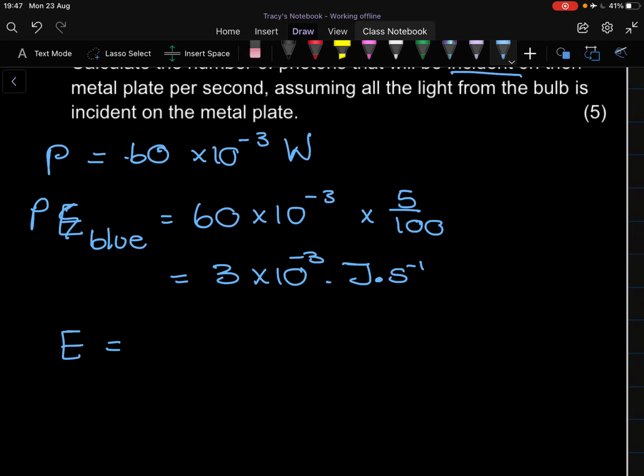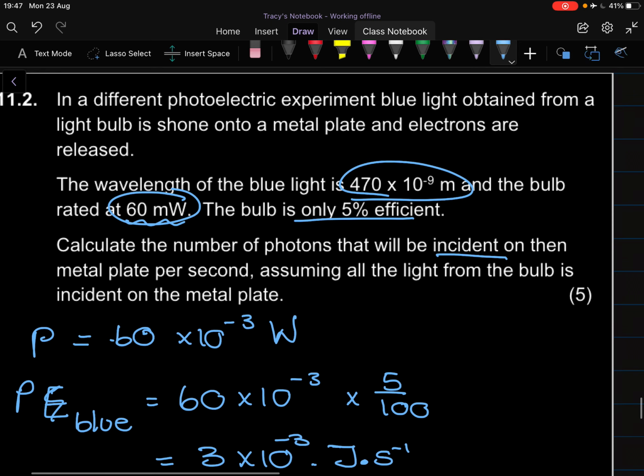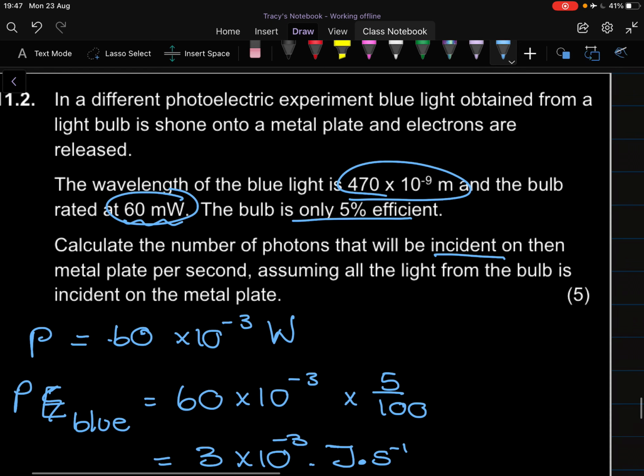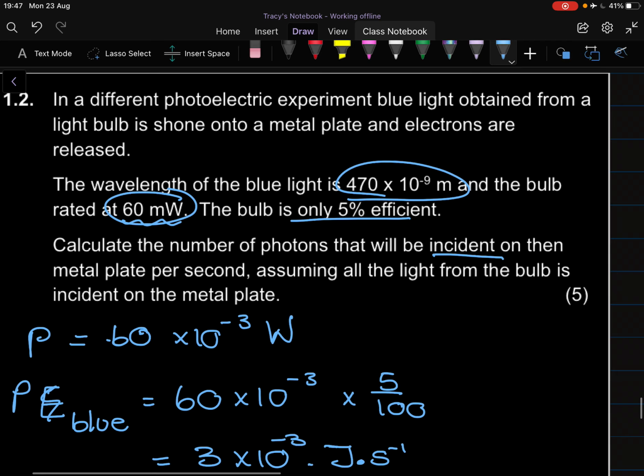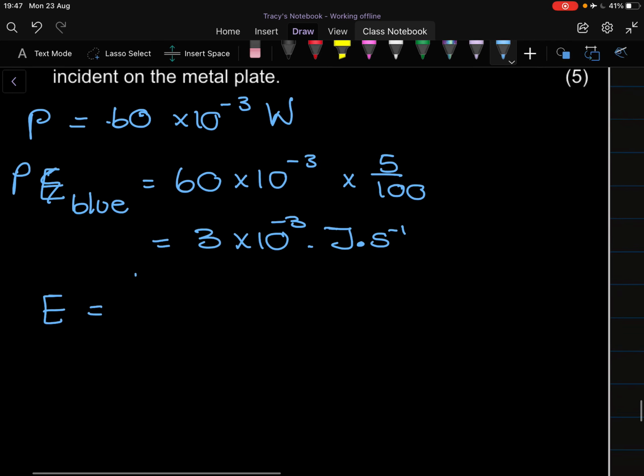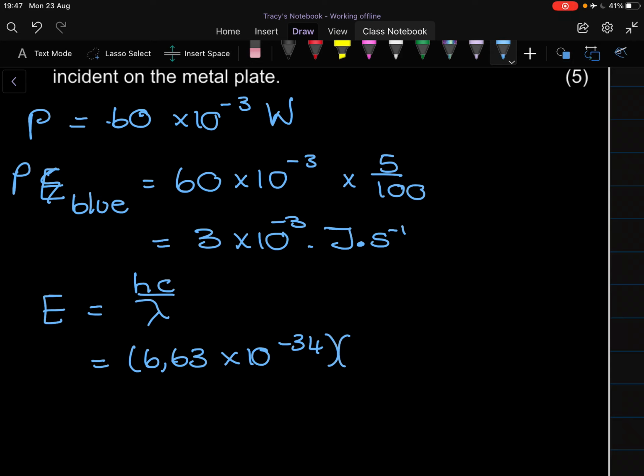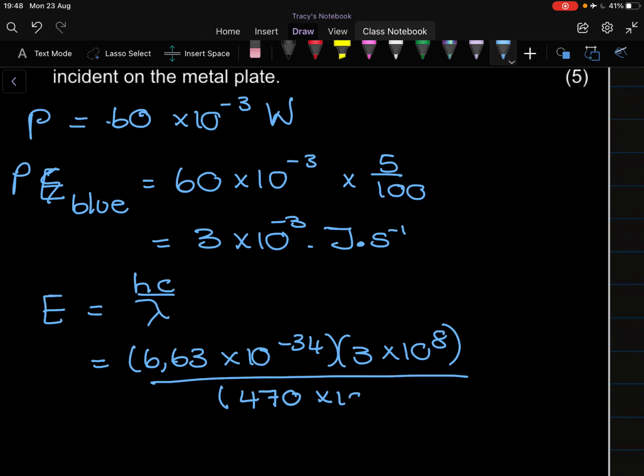Now, the energy of our photon, and we're looking at blue light, which has a wavelength of 470. So if this was 100% efficient, we should have this amount of energy, okay? So we have hc over lambda: 3 times 10 to the 8, over 470 times 10 to the minus 9.